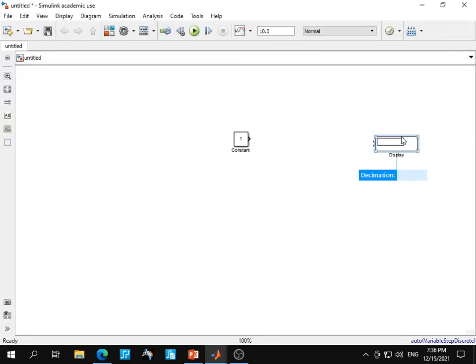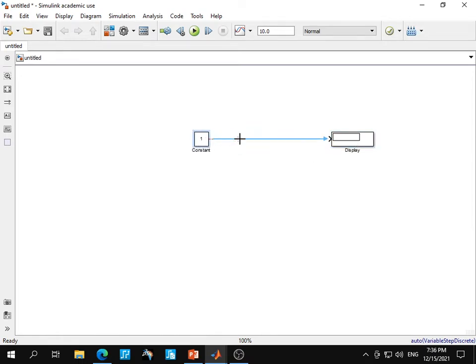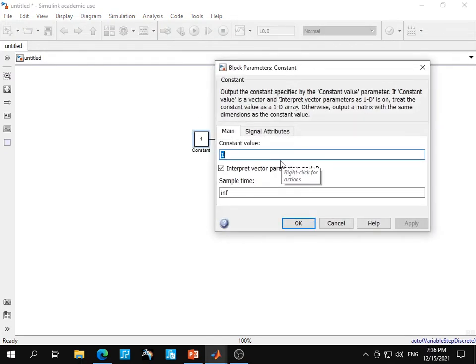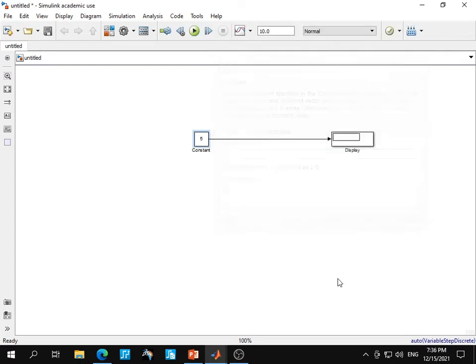So you need a display and an input. Connect it together and set it to 5. So this is x, which is your output right here. And you give it equals to 5.